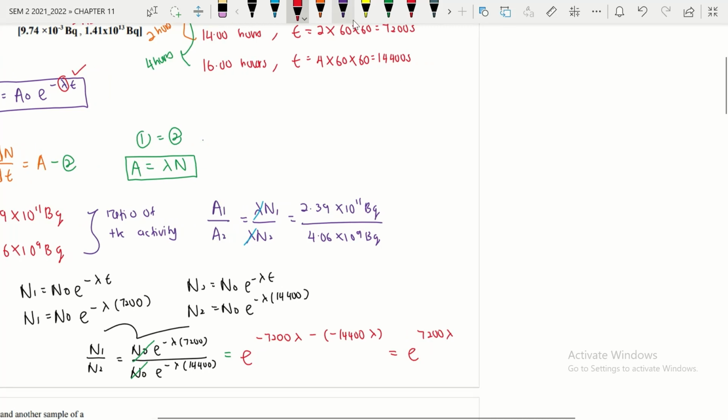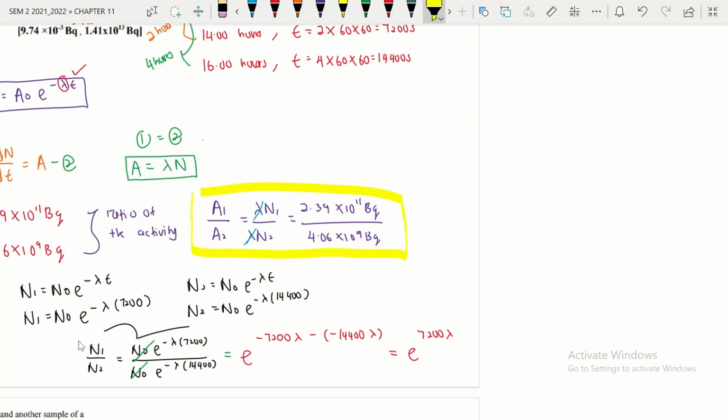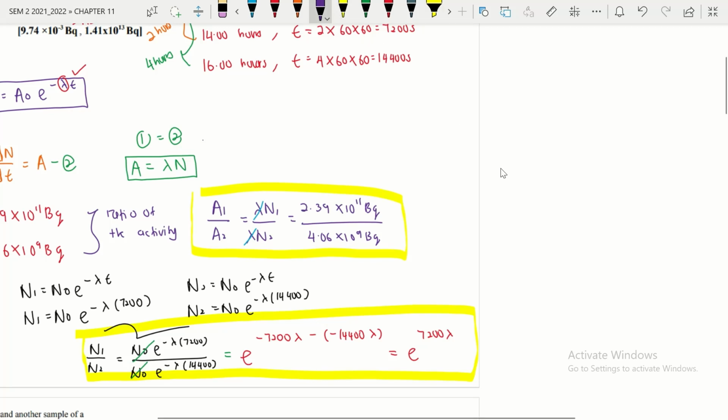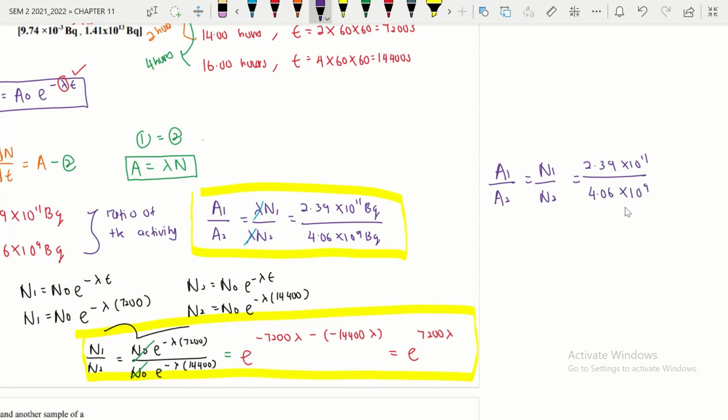Now from here, what Miss highlighted with the yellow box is important. We know from these two that A1 over A2 equals N1 over N2, which is 2.39 times 10 to the power of 11 becquerel divided by 4.06 times 10 to the power of 9.